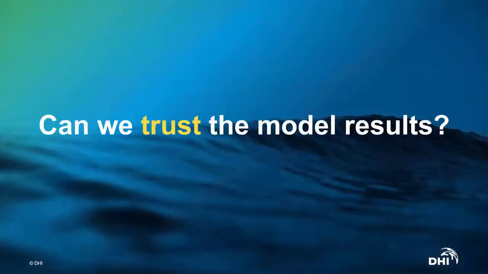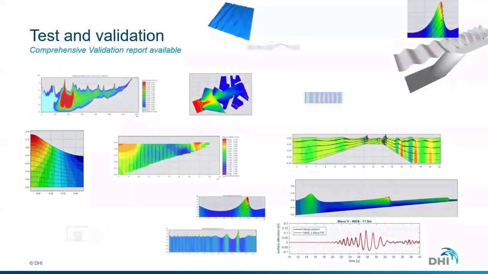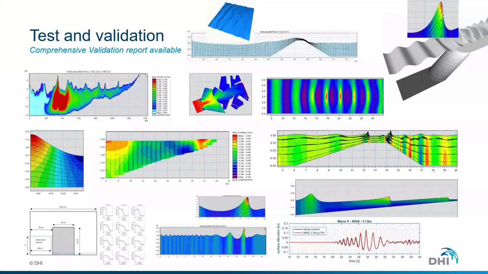So let's look into some of the validation cases that we have been doing. So to ask, can we trust this model? Is it trustworthy? There has been a lot of validation of this model before release. We have run it through some classical tests, including the Kirby test of wave breaking.